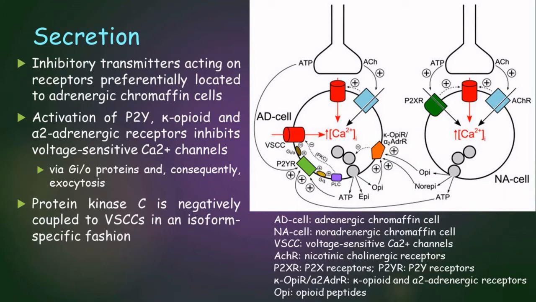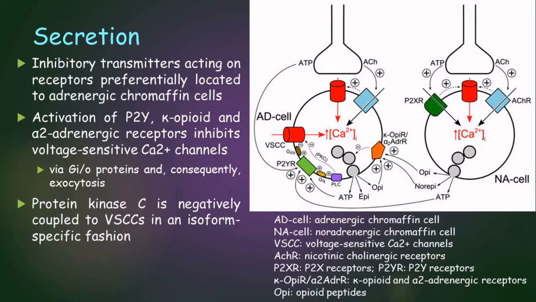The protein kinase C is negatively coupled to VSCC. So you have the protein kinase C over here. It is negatively coupled to VSCCs in an isoform specific fashion. So this is a noradrenergic chromaffin cell.